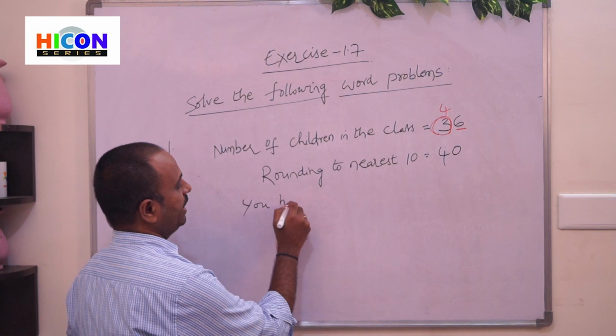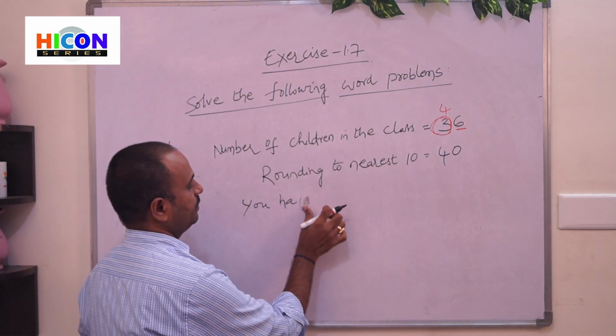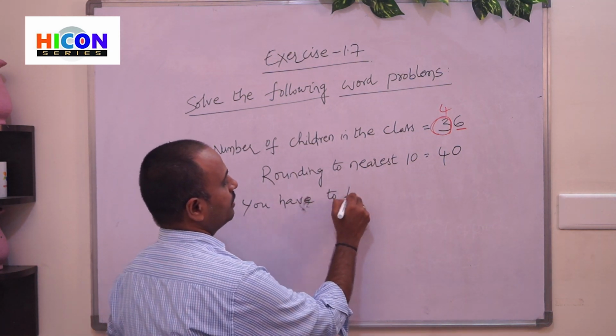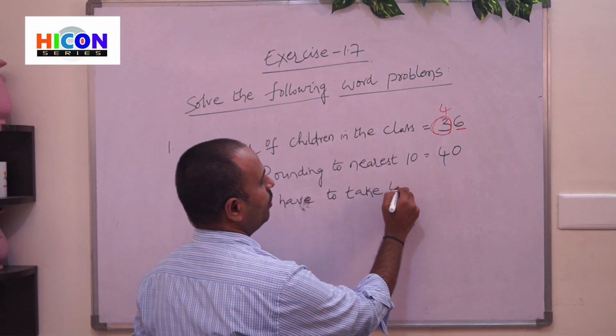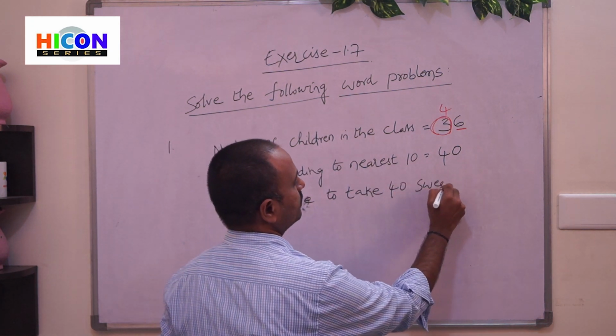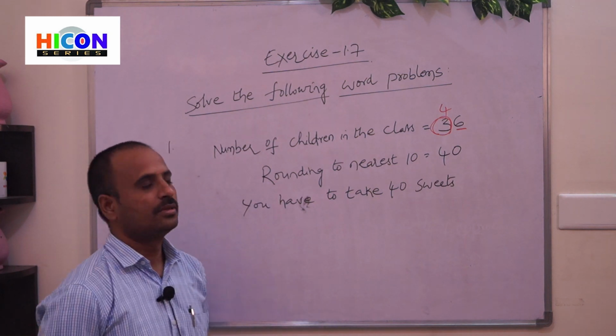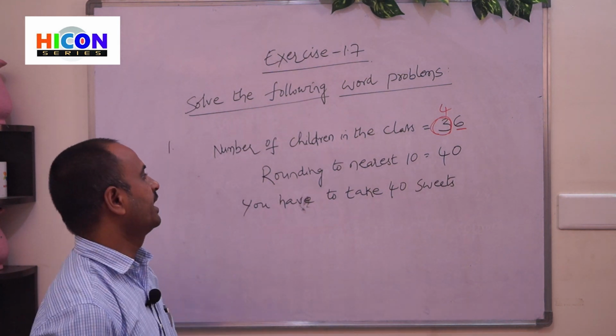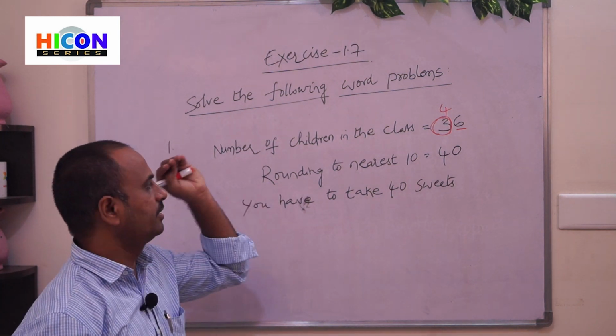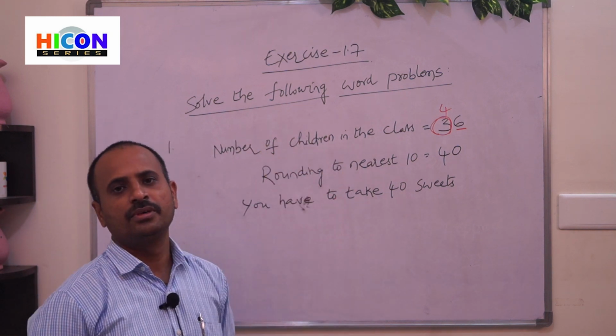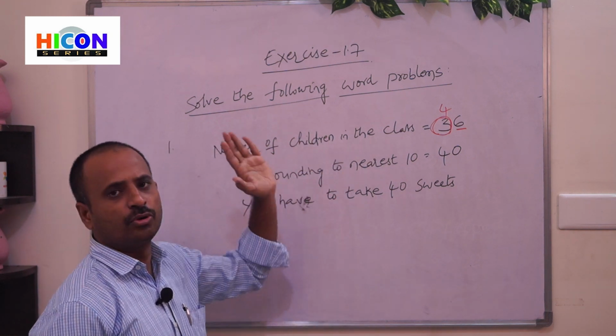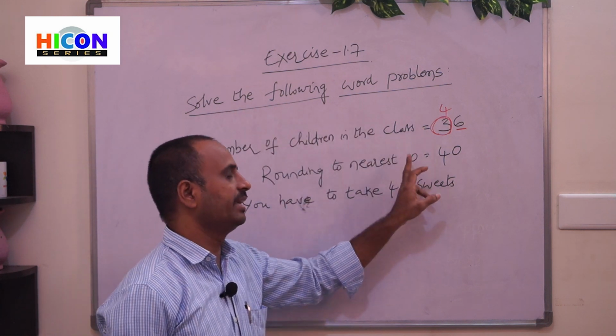You have to take 40 sweets to the class. So children, in this way we can answer any such type of word problems. In this problem, we have to round the given number to the nearest 10.